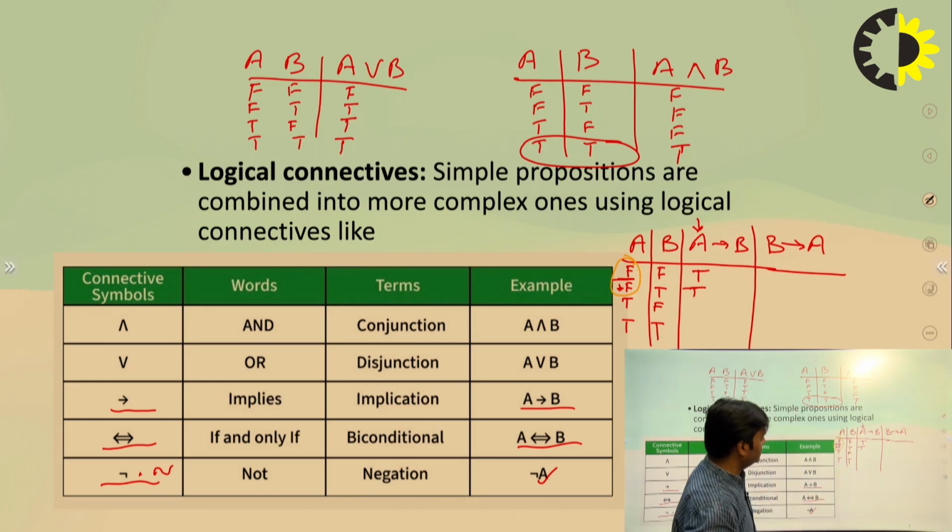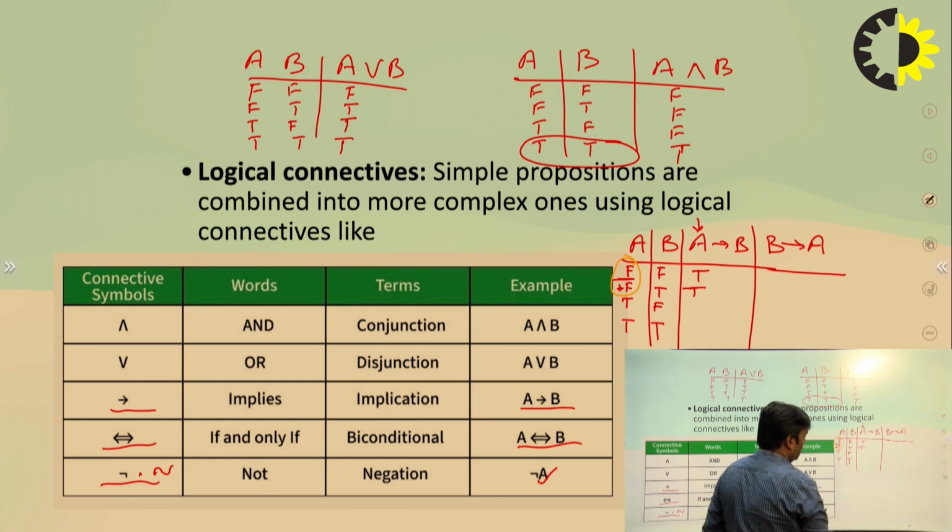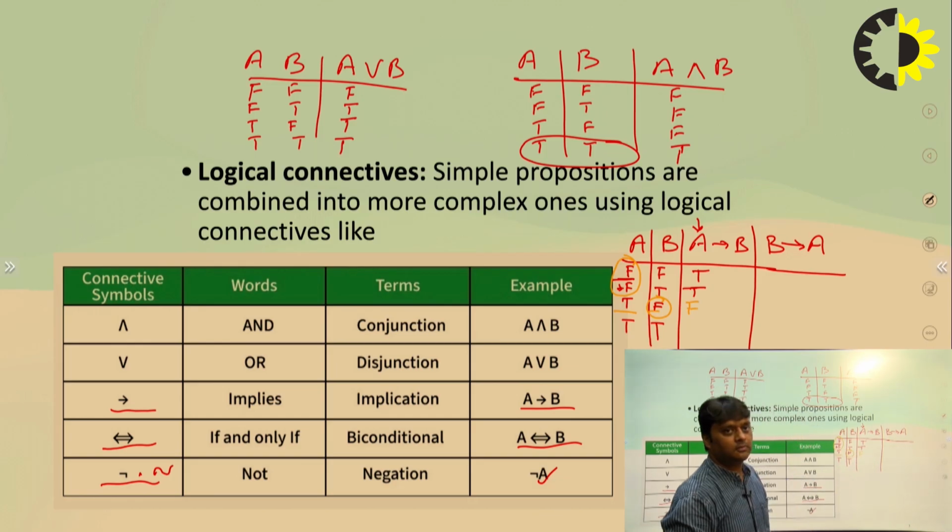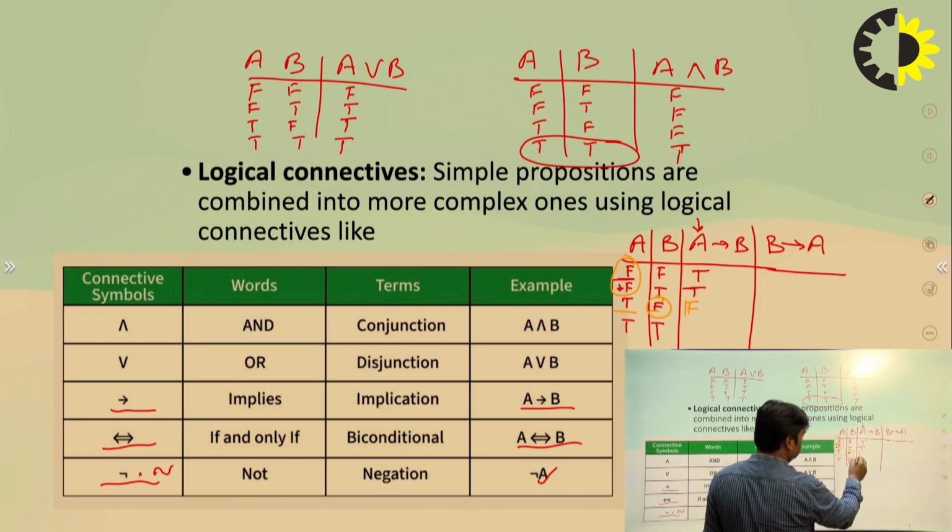So if the first element is false, then the output is true. Now if the first element value is true, then we check the second one also. If the second value is false, then the result will be false.